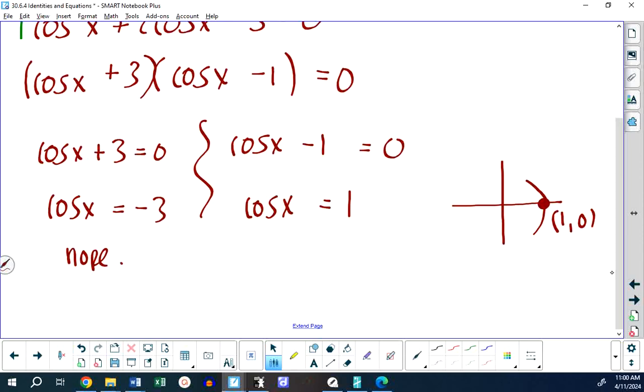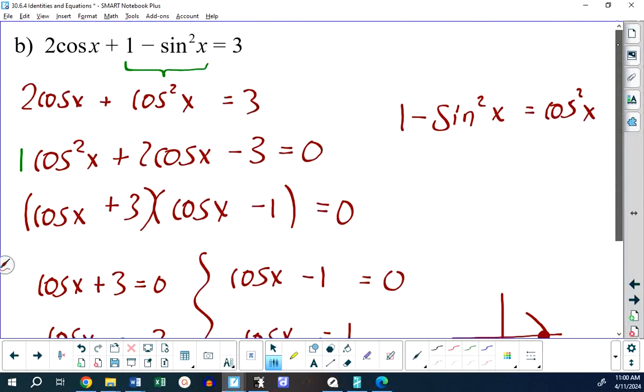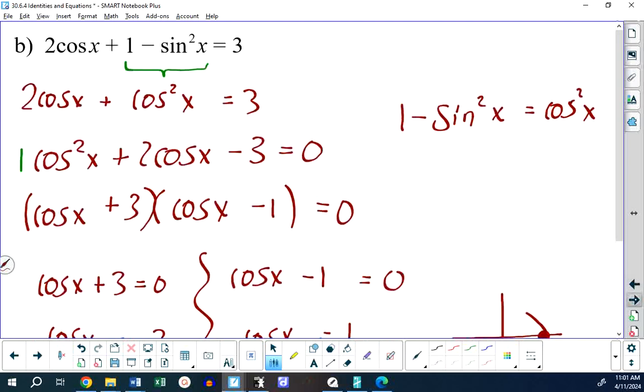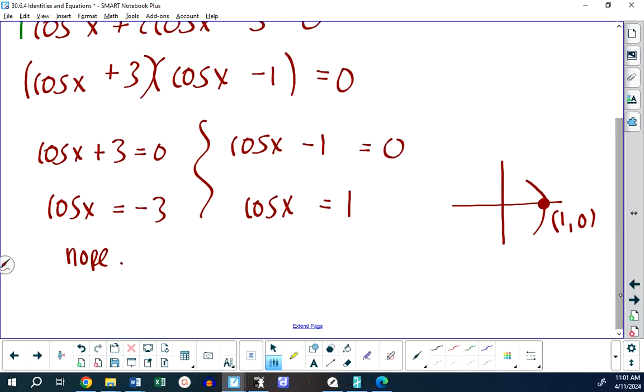Now, how can we rotate to get to that position within the confines of our domain from 0 to 2 pi? Well, 0 is already there, but we can rotate around 2 pi. And we include both 0 and 2 pi because of those equal to parts of the inequality statements. So what are we getting here? We're getting x is equal to 0 and 2 pi. And that's it.